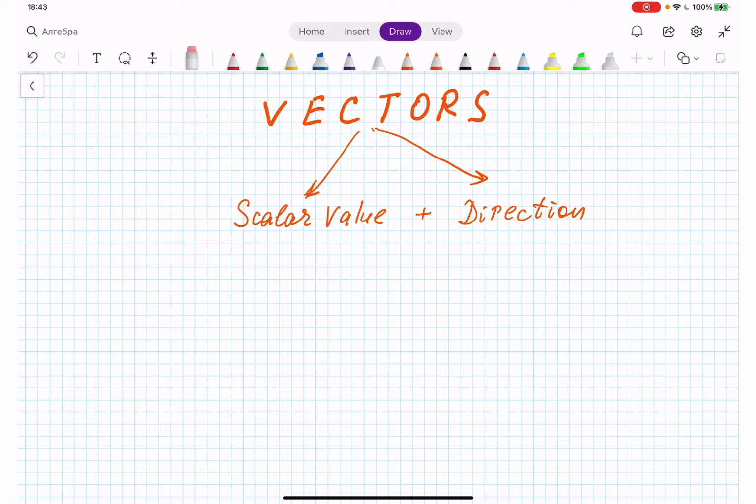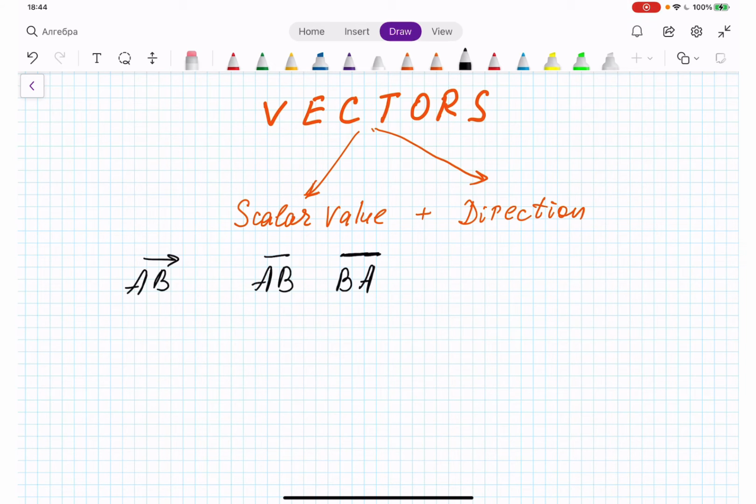Okay, so how do we mark down a vector? A vector can be written down the following way, the notation. AB like that. It can be written down BA like that.